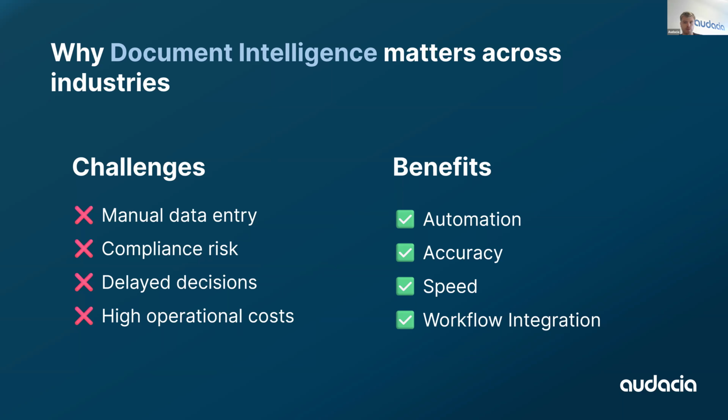Within Europe, we have GDPR, and with people manually looking at this data, there is the potential for mishandling of this sensitive information. But with document intelligence, you can abstract that away and have logging that stores the record of when things were accessed. So you've got that full audit trail and know that it can be secure.